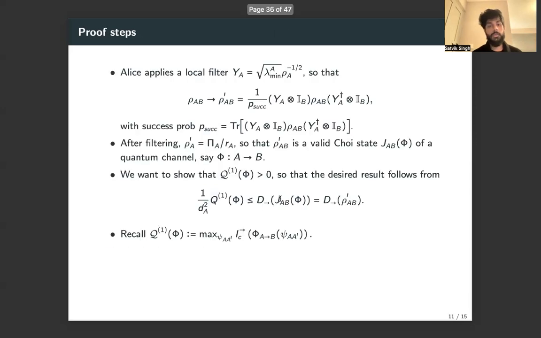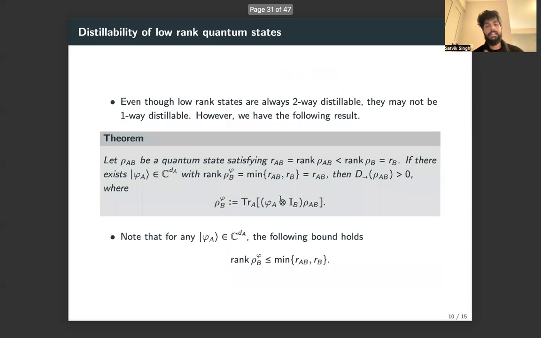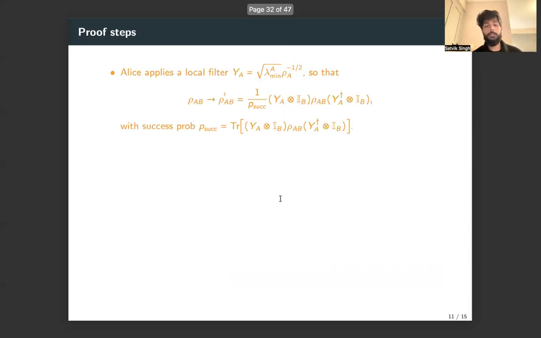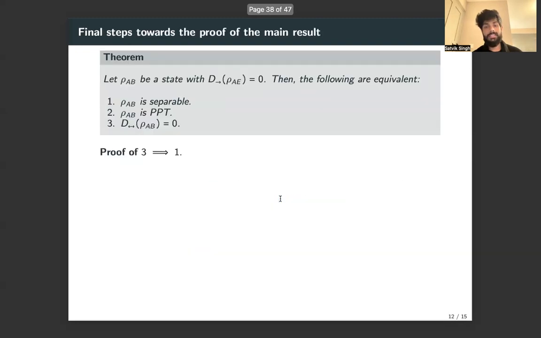All right. So now, if we have this theorem, what we can establish is this result, which basically says that if you have a bipartite state rho AB such that its complementary state rho AE is one-way undistillable, then the following statements are equivalent.